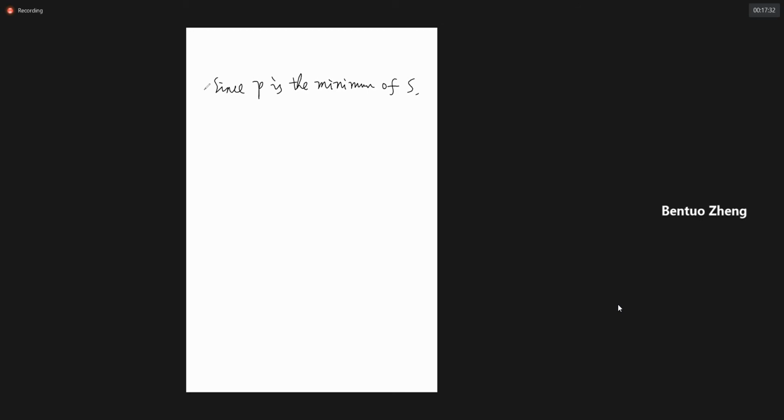The first one is, since P is in S, we have n times P is greater than or equal to m, because P is a member of S. So by the definition of S, n times P is greater than or equal to m.